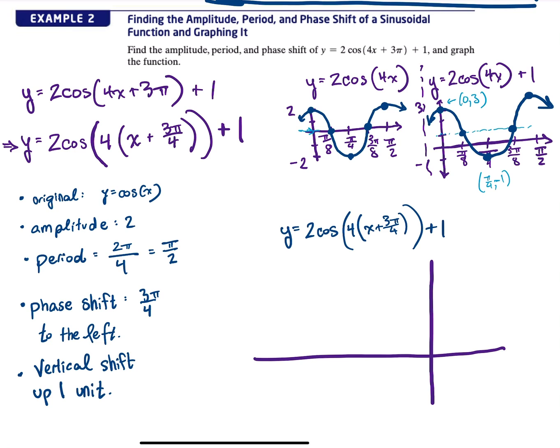Something like this. So it'll be somewhere over here. I'll just call this negative 3 pi over 4. And then each distance is in pi over 8ths.